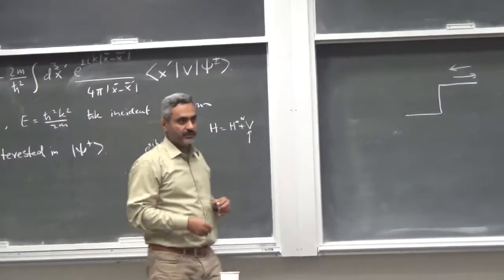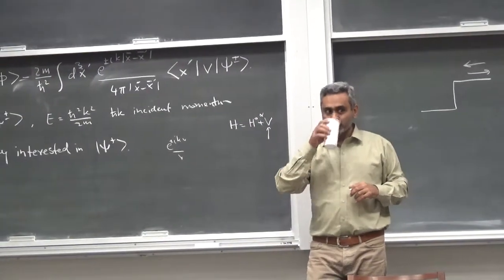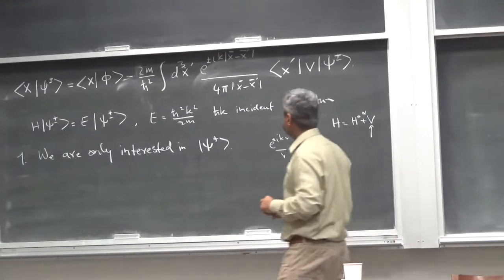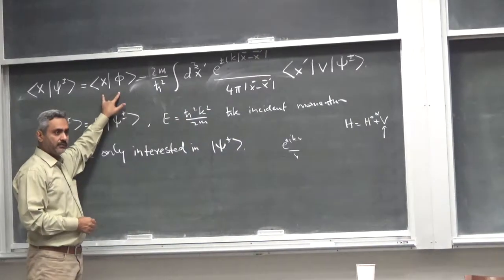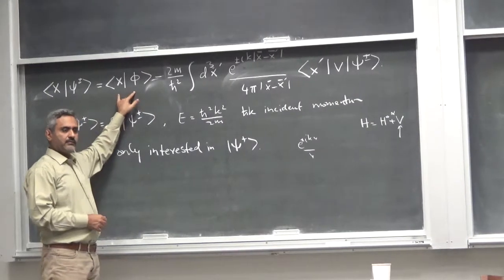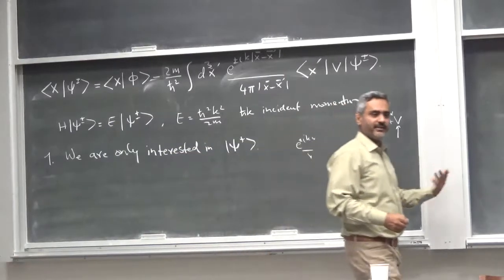You have written the incident wave function. You have equated it to the incident wave function. We have equated it to the incident wave function? The incident wave function is here. So why have you equated it to the incident? I have no idea what you're asking. Why have we equated it to the incident wave function?